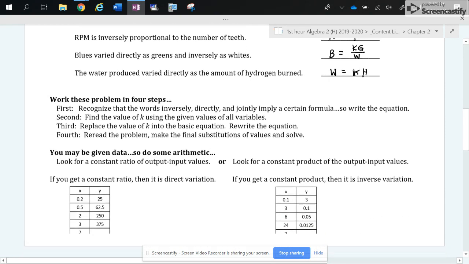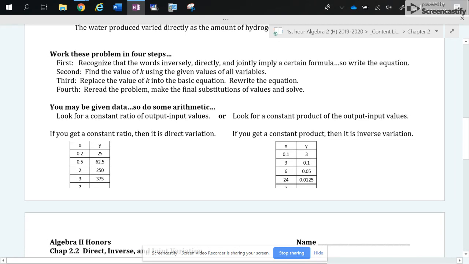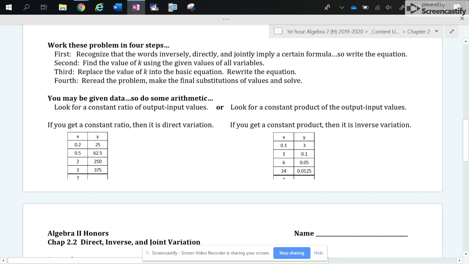So the problems, we're going to work in 4 steps. But first, you may be given data to do some arithmetic. Look for a constant ratio of output-input values, or look for a constant product. The reason is that if y is equal to K times X, that's our direct variation equation.